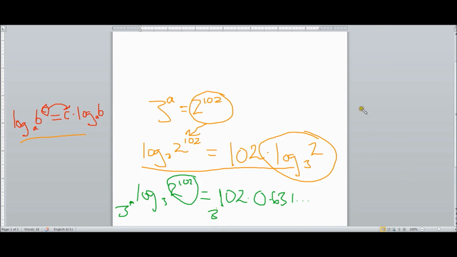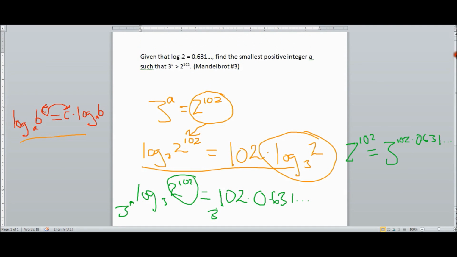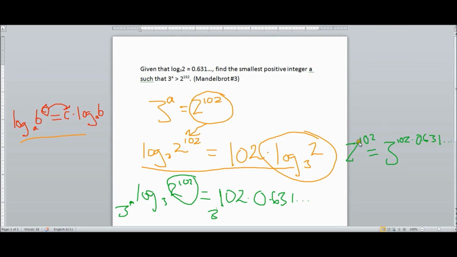So now we have 2^102, which is equal to 3^(102 times 0.631...). Now this problem becomes really, really easy, because now we have everything we need to solve the problem.